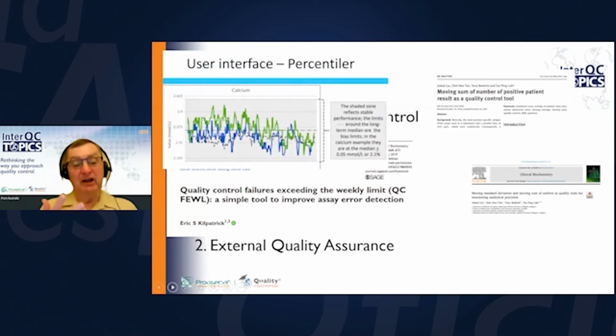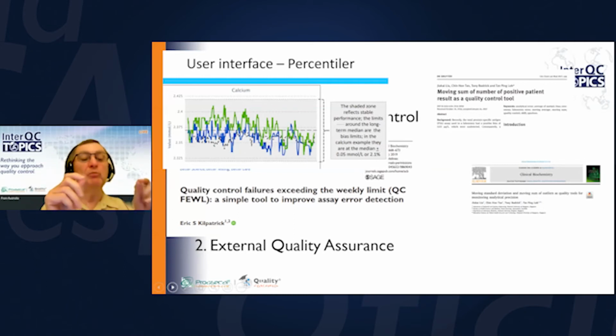And the other thing that this concept lends itself to is external QA. There's an external QA process available now, run out of Noklus in Norway, where every day or every week or every month, depending on your data size, you send to them your moving average value for each parameter that you measure.